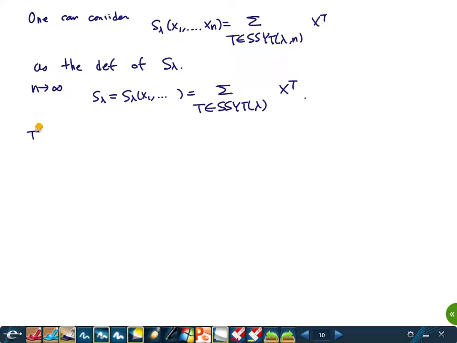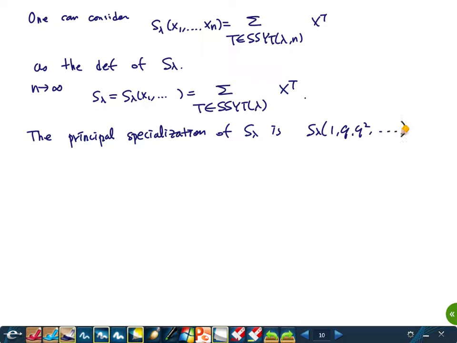And the principal specialization of s lambda is this. In s lambda, we plug in 1, q, q squared, up to q to the n minus 1 if you have just n variables.